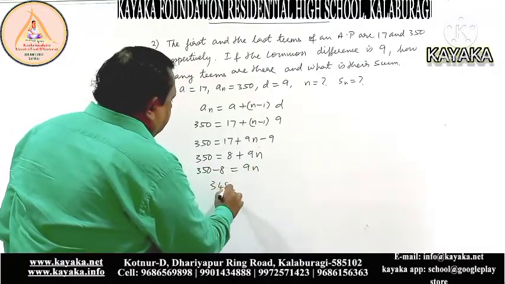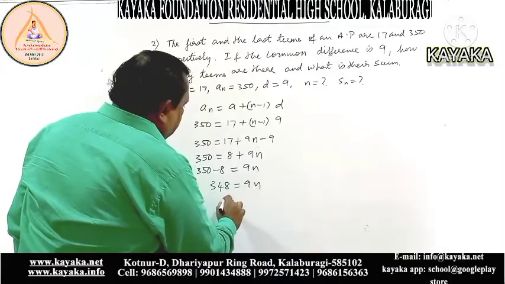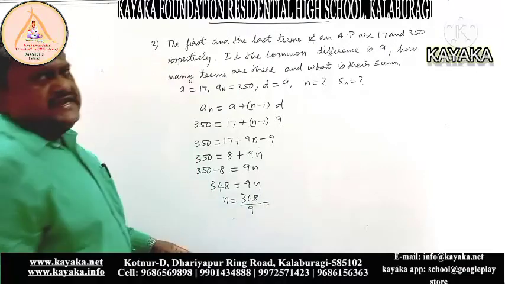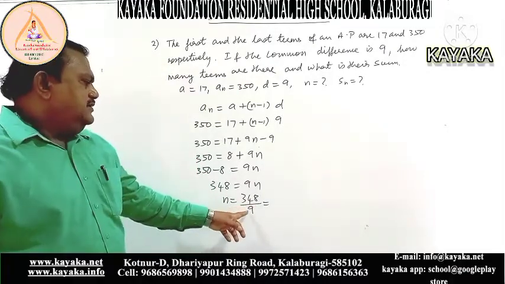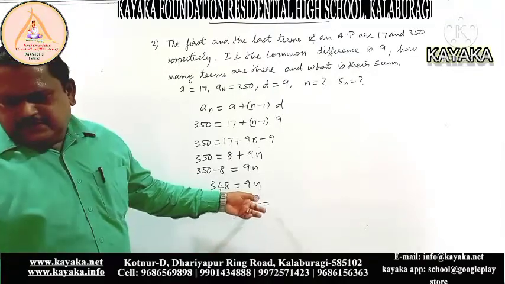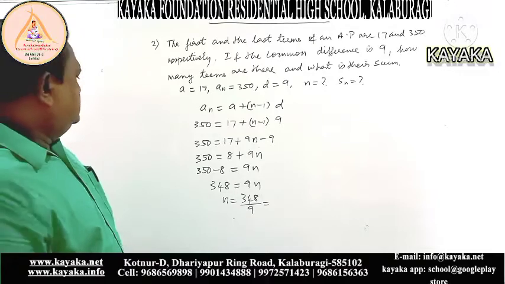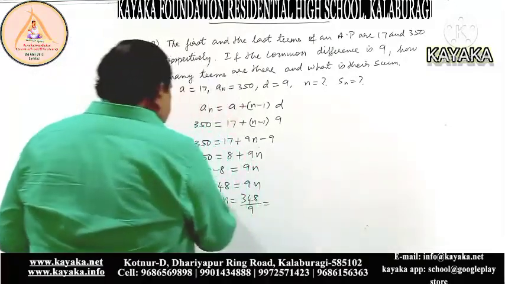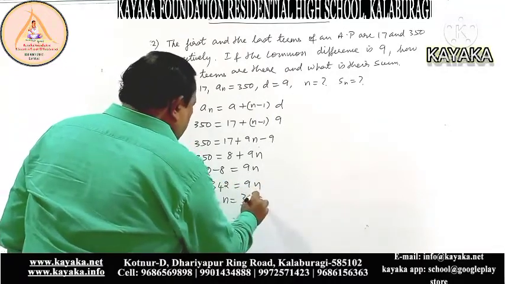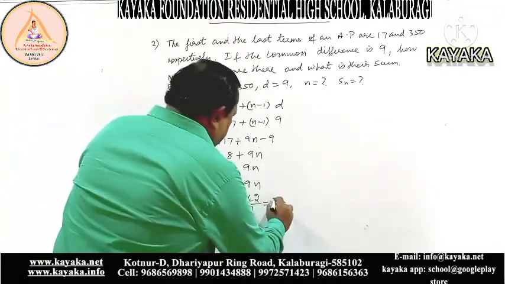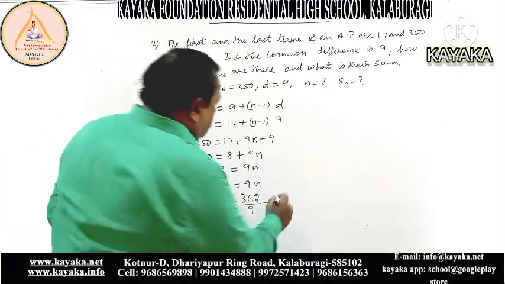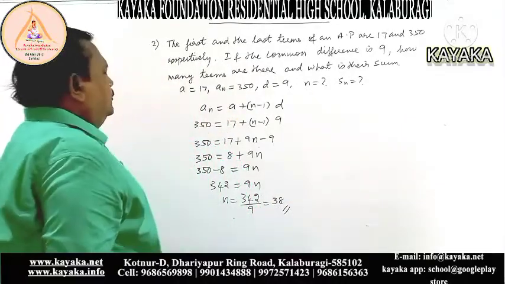Sorry, it is 350 minus 8 now, you will get 342 will be equal to 9n, and n will be equal to 342 divided by 9. 9 3s are 27, and again you will get 72, you will get 8. Okay, dear children.